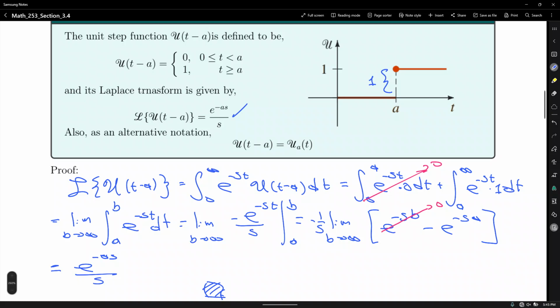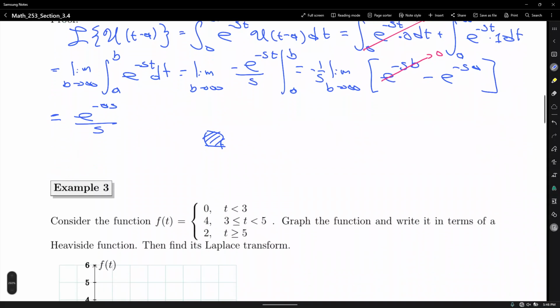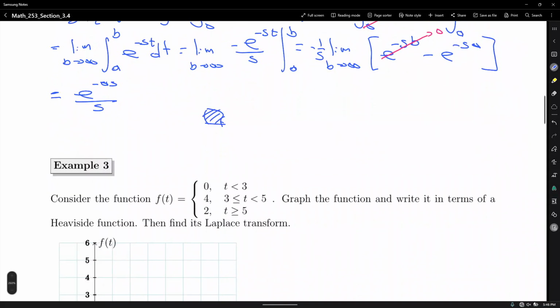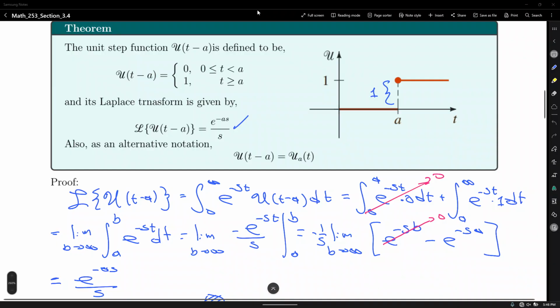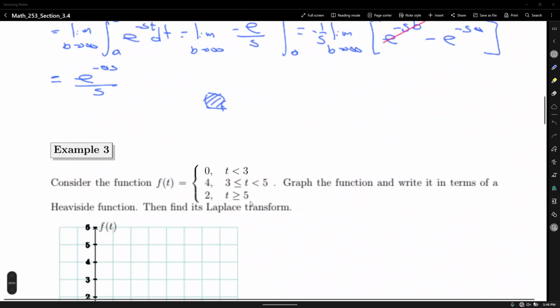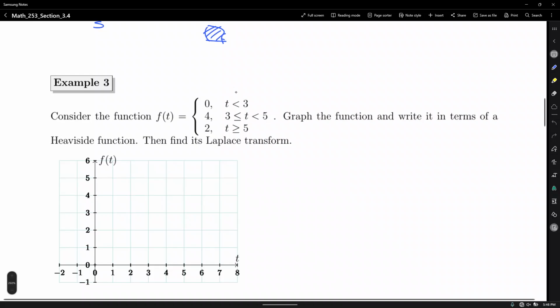All right. Let's consider the function f of t equals 0 if t is less than 0, but more properly, this inequality should have been 0 less than or equal to t less than 3, because t less than 3 means also including the negatives, and we just want 0 and on.